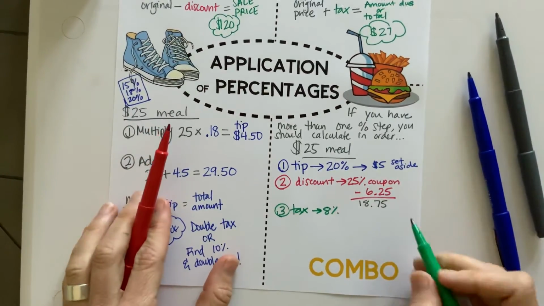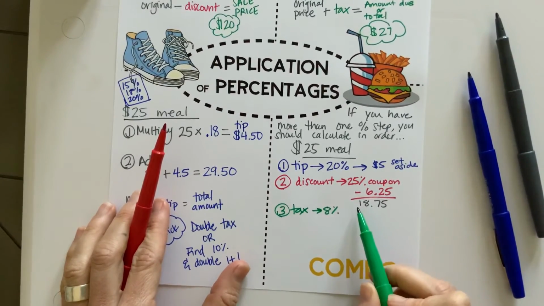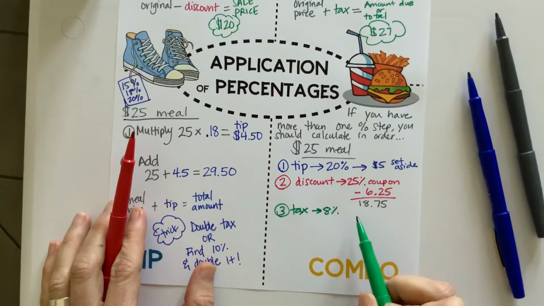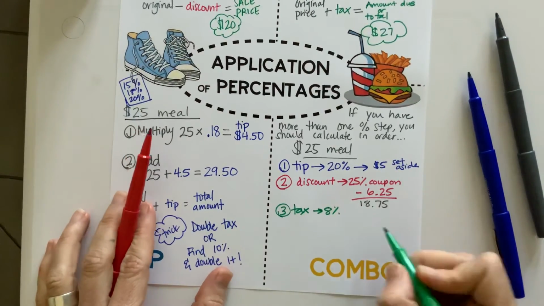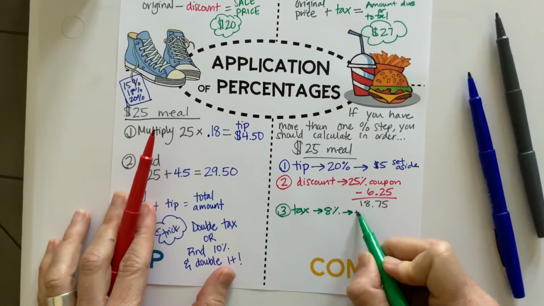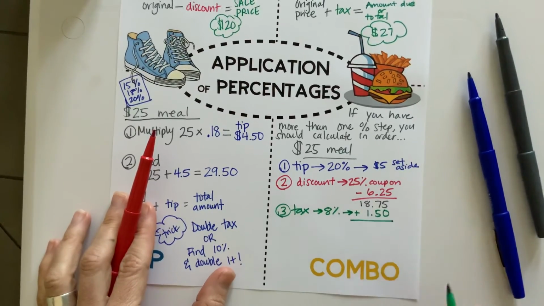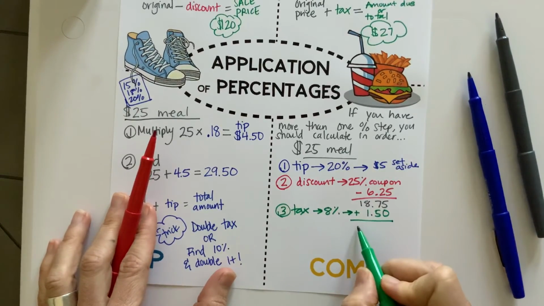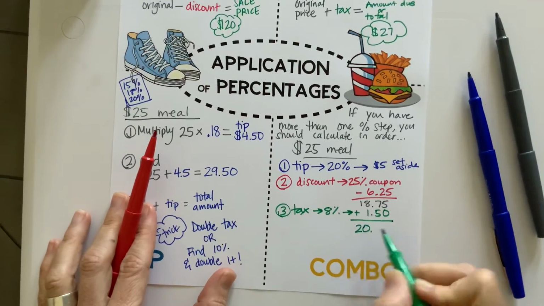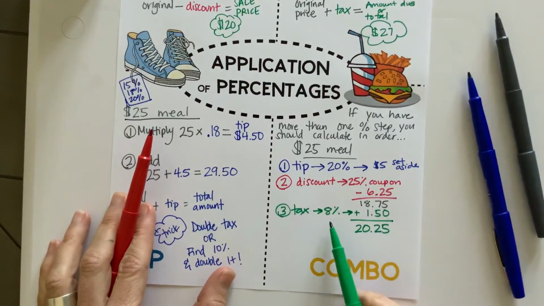So 8% of 18.75, that's 18.75 times 0.08, which is going to be plus $1.50 in tax, which gives me my $20.25 total after tax. That's how much the restaurant gets after the discounted amount and then applying the tax.